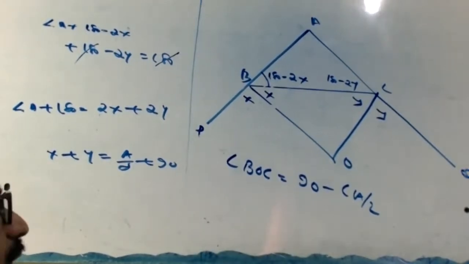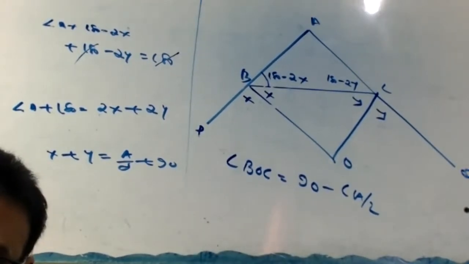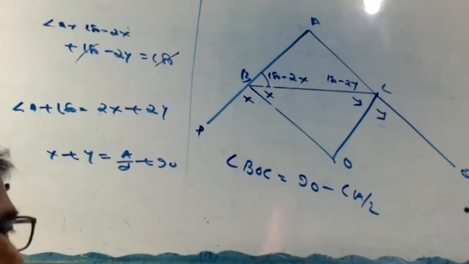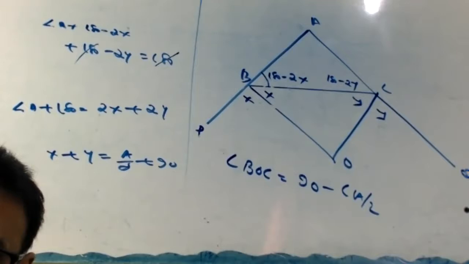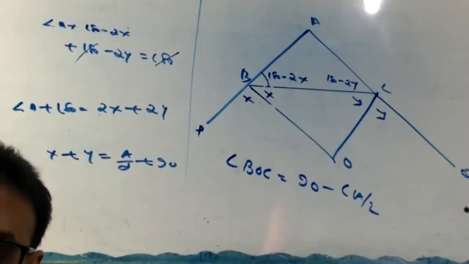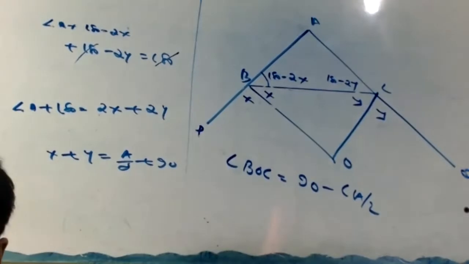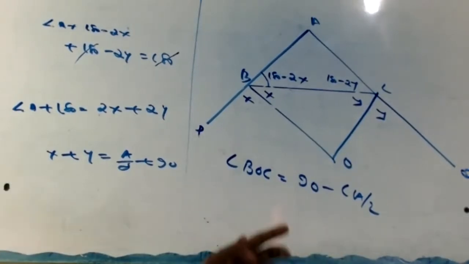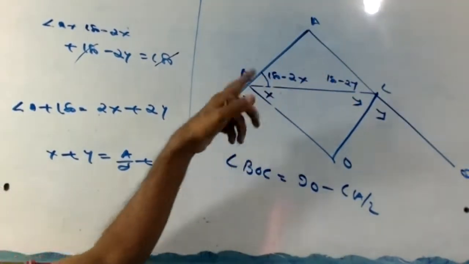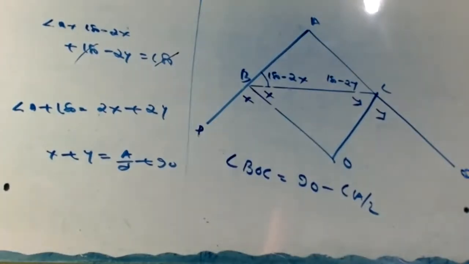X plus y equal to A by 2 plus 90. Similarly, angle ACB is 180 minus 2y. After that, in triangle ABC, A plus angle ABC plus angle ACB equal to 180 degrees, by the angle sum property of a triangle.